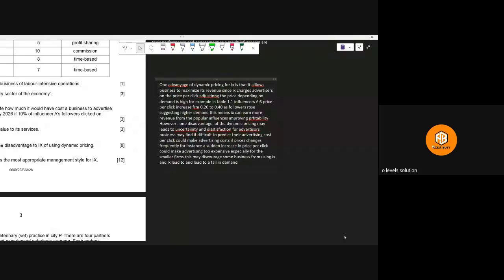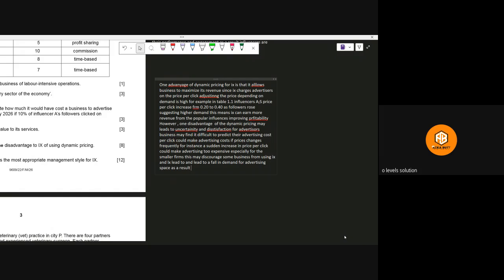So as a result, always use connectives: therefore, as a result, conclusively, because, furthermore, secondly, firstly. Use these connectives as well.